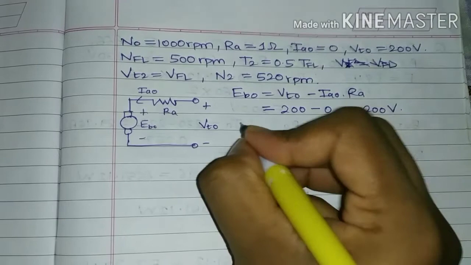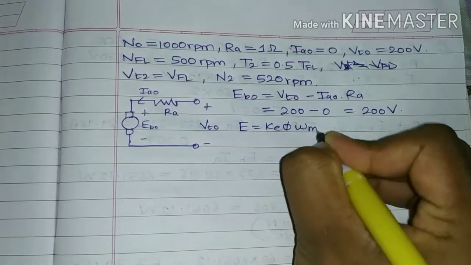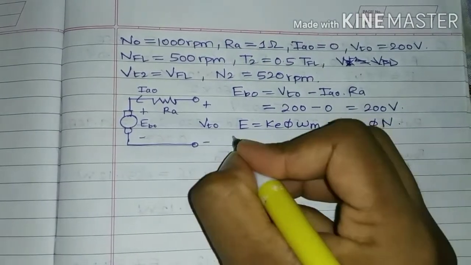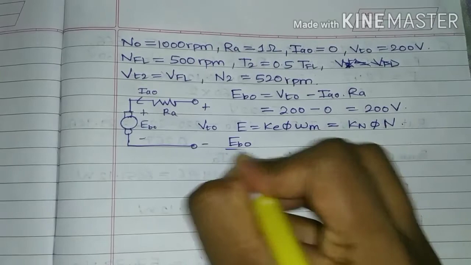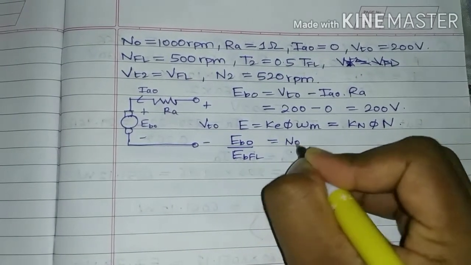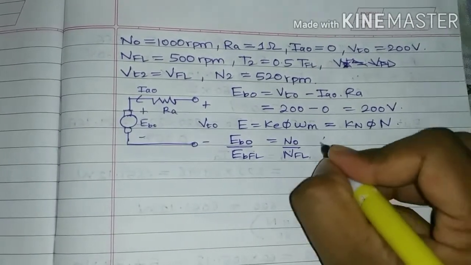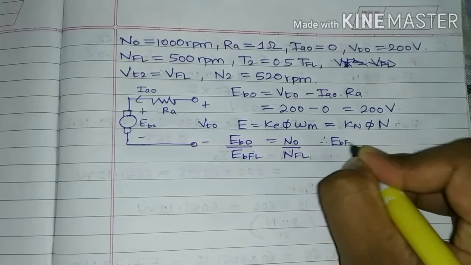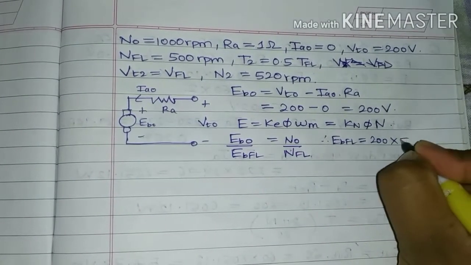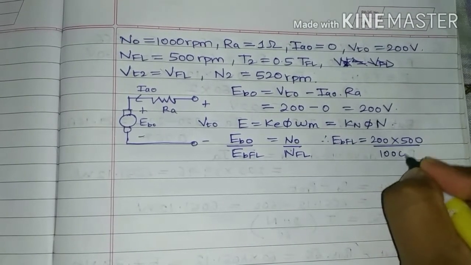Now we know that E is equal to KE into phi into omega m, which is equal to Kn into phi into n, where n is the speed in RPM. Therefore EB0 upon EBFL will be equal to N0 upon NFL. Hence we get EBFL will be equal to 200 into 500 divided by 1000, which turns out to be 100 volts.